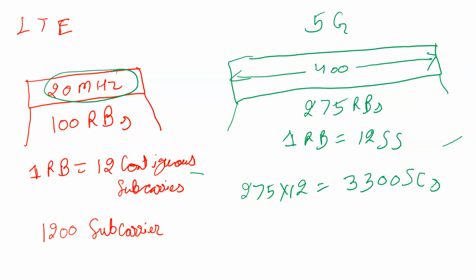In 5G, we have a maximum of 400 megahertz of bandwidth at this moment, and wider subcarrier spacing gives a larger number of RBs as compared to LTE. So 3GPP has decided that a maximum of 275 RBs is possible because it can be managed. More than these RBs can't be managed at this moment. So the maximum RBs allowed is 275 in case of 5G.